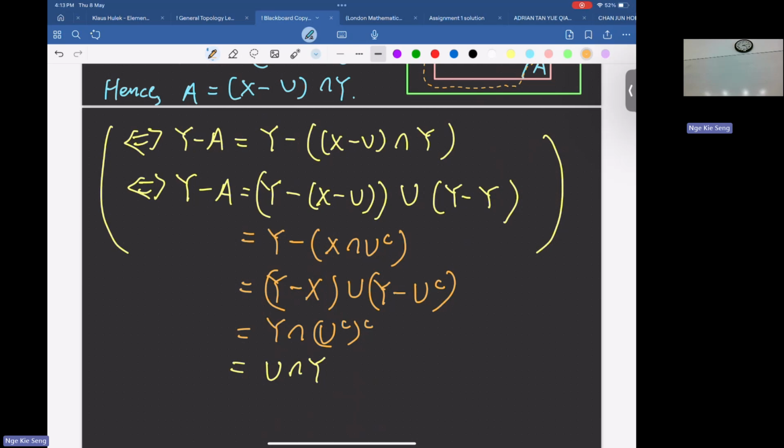But how do you get U complement? One way to get U complement is just take the whole space intersect U complement. Okay, no? So this is the trick we use here. Okay, makes sense. Maybe I draw some empty set for you first. So here empty. Okay. Got question? Got question?